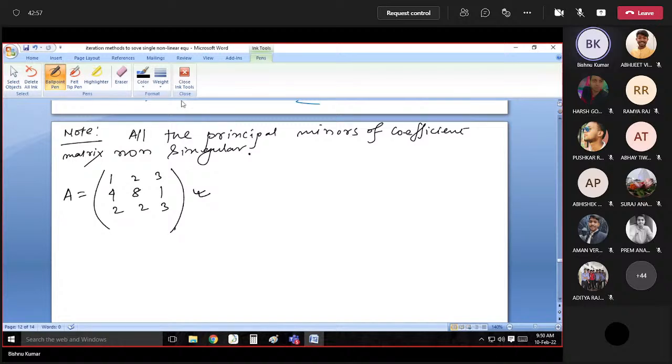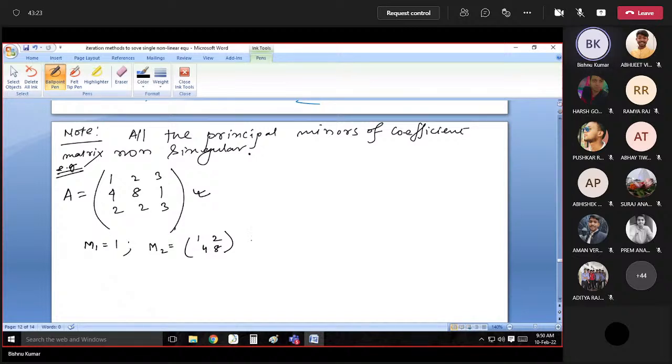You just write down all the minors. M1 means the first element, which should be non-zero. Okay, this is satisfied. M2, the second minor, is 1, 2, 4, 8. It should be non-singular. What should hold for it to be non-singular? Its determinant value should not be 0.